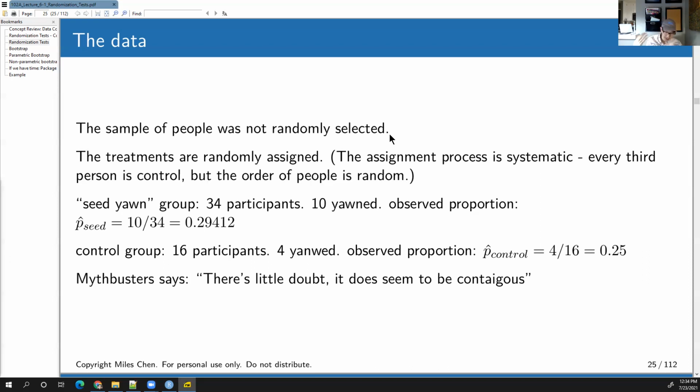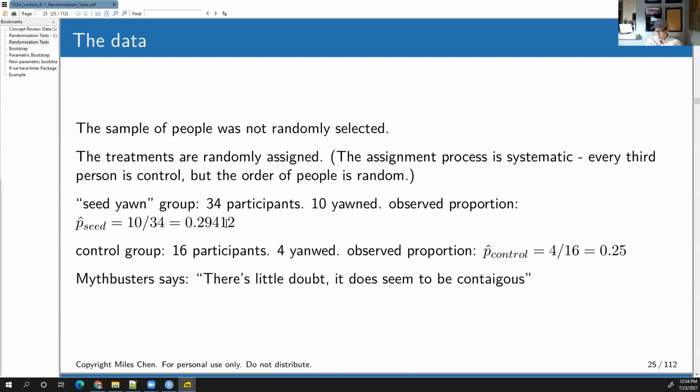Mythbusters goes and says there's little doubt it seems to be contagious, because this proportion is 29% and this proportion is only 25%. They're saying there's an increase in how much people yawn when they see somebody else yawn, the seed yawn group, the people who yawned after seeing Carrie yawn.